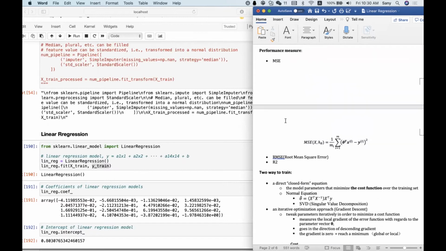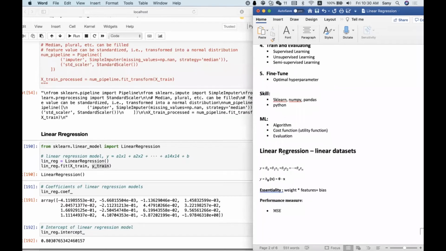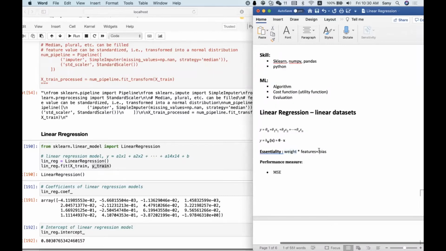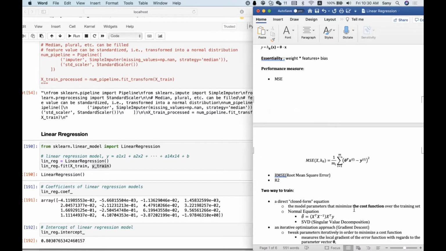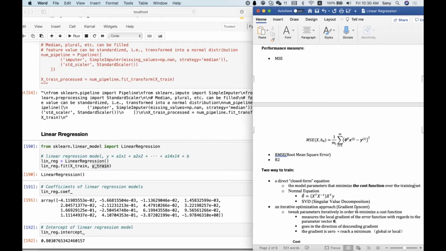So we should know why we need the cost function, because we should find the weight or the bias which minimize the cost function over the training set. This is the job of our machine learning.